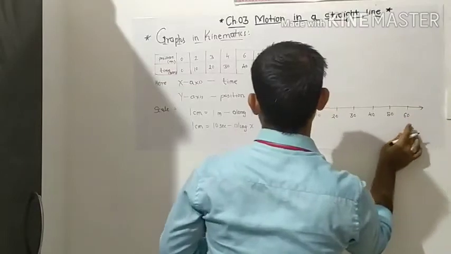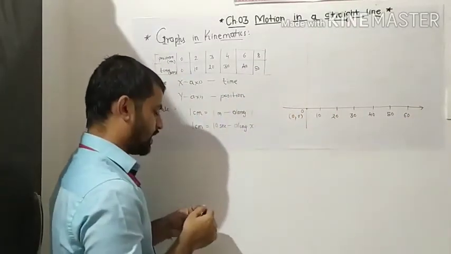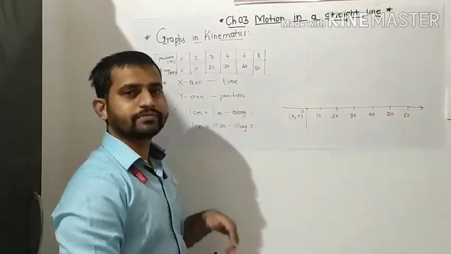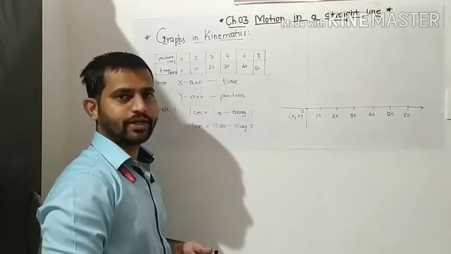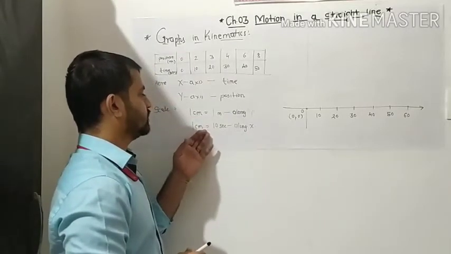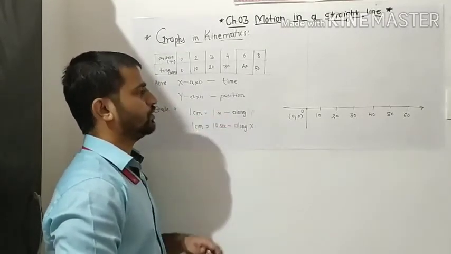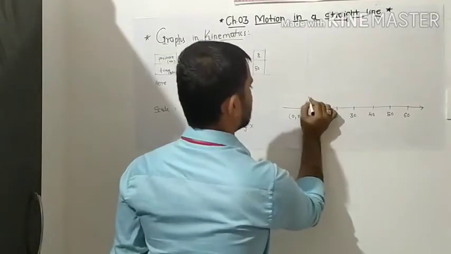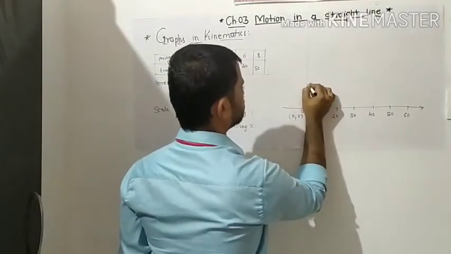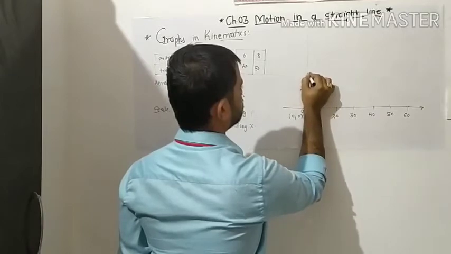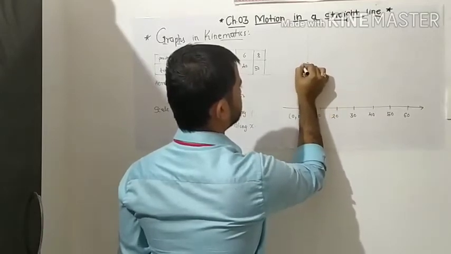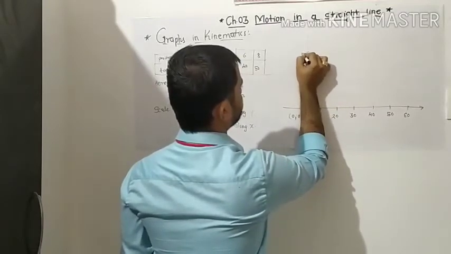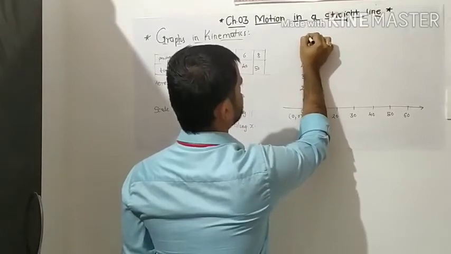I require only up to 50, but I am taking one extra measurement. Next, 1 centimeter is equal to 1 meter along the y-axis, so accordingly I consider 1, 2, 3, 4, 5, 6.